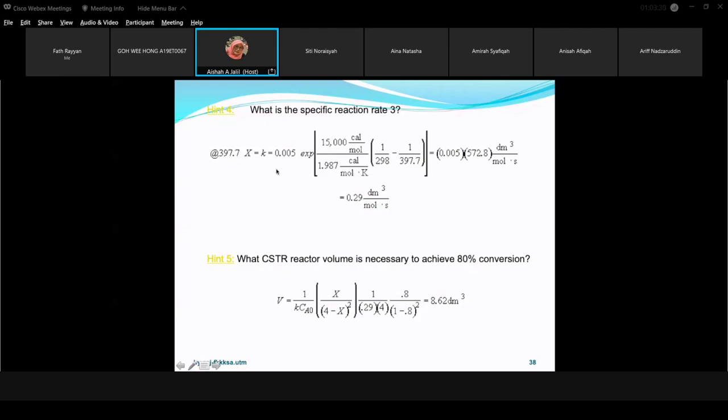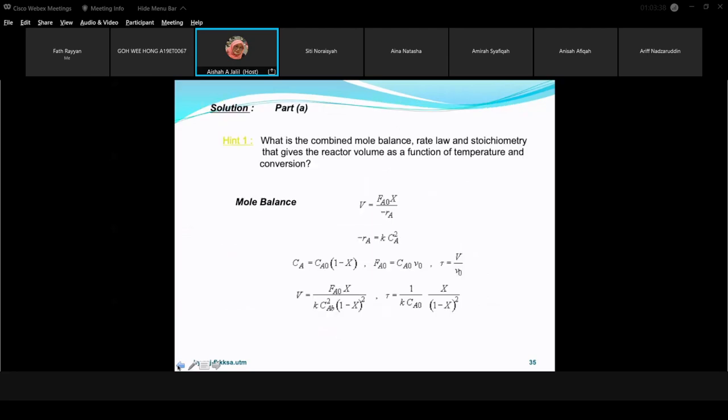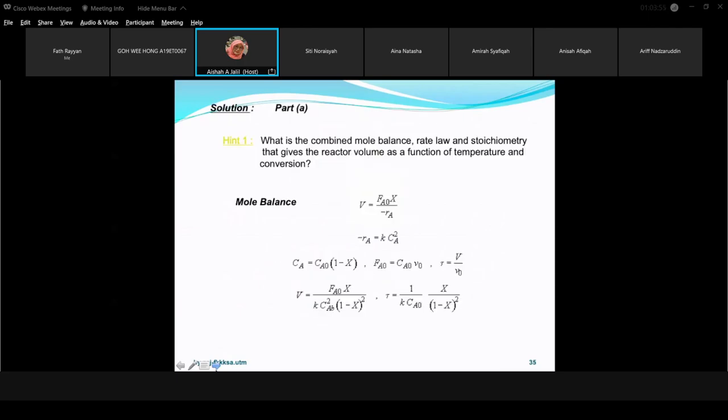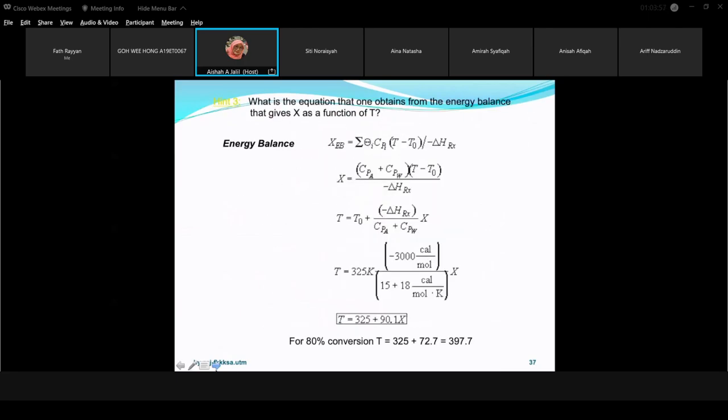When you get the K, you can calculate the volume of the CSTR. If you look at the question in sequence, they ask first for the volume, the second is X, and then the T. But in your solution, what can you get first?